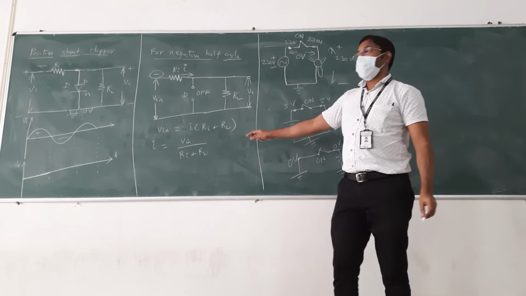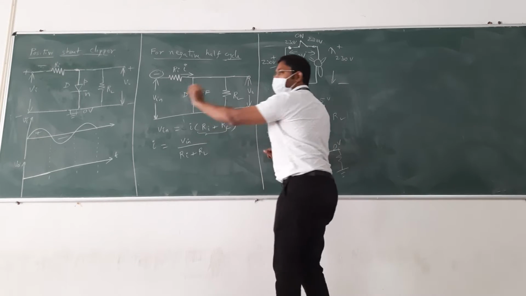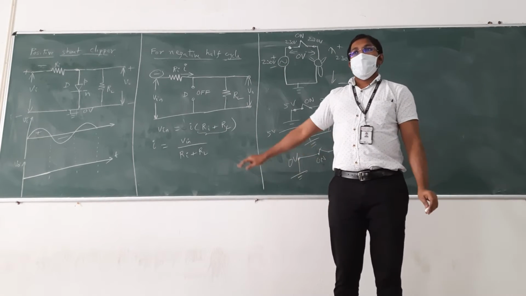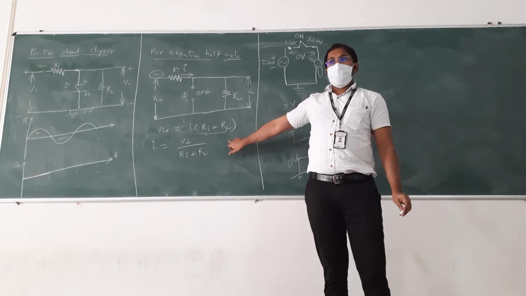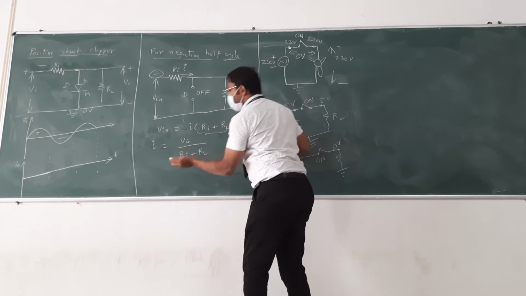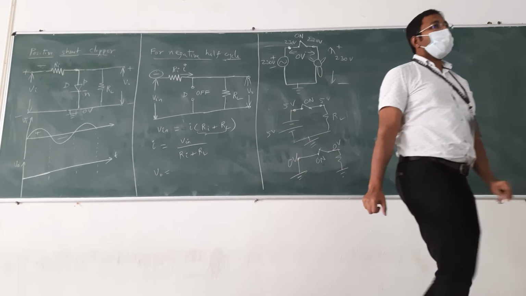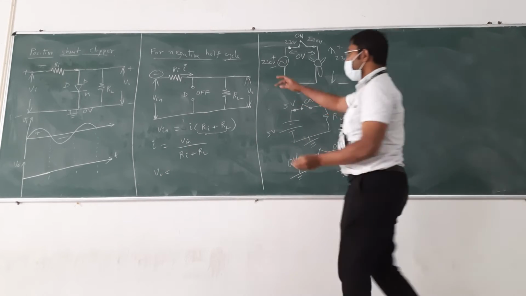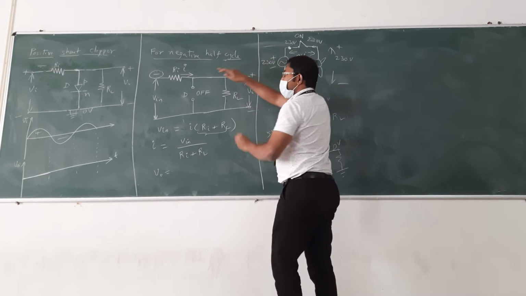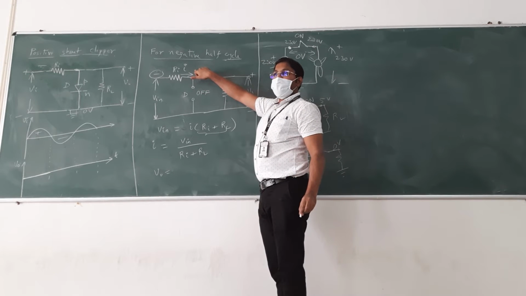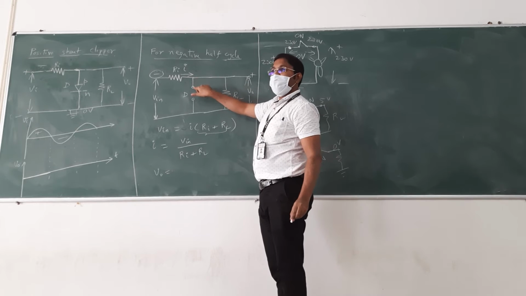Okay? Cross multiply this to the other side. We are getting this. Okay? Now, what will V naught be? Ohm's law. Again use Ohm's law. What is V naught? The current that is coming here cannot flow here.